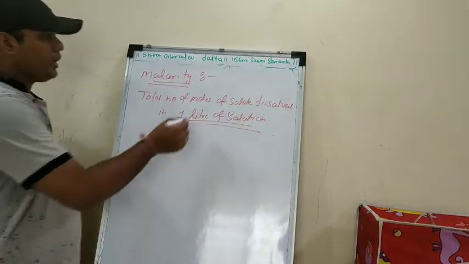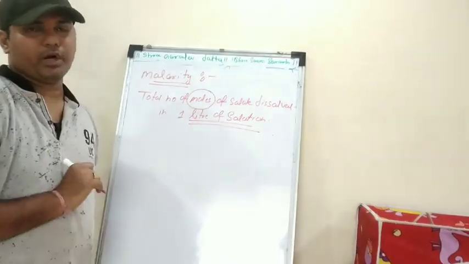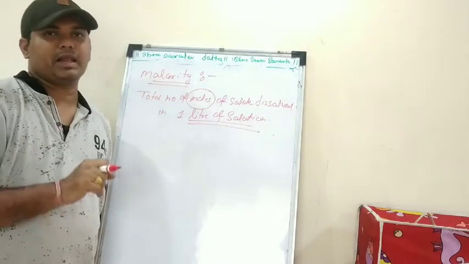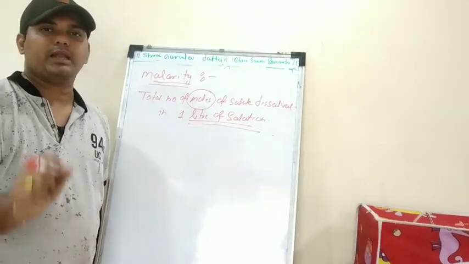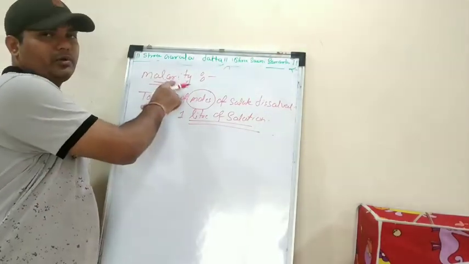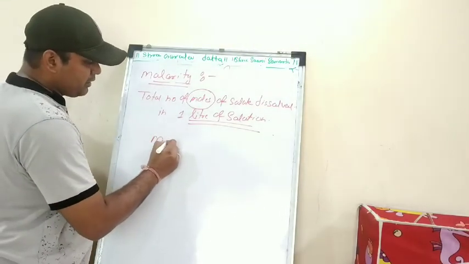See, here I am talking about the moles, right? The mole concept is very, very important. This particular concept you people have also learned in your earlier classes, right? You should know how to calculate the moles. Until and unless you know how to calculate the moles, you will not be able to calculate the molarity and the normality. So how to calculate the moles?